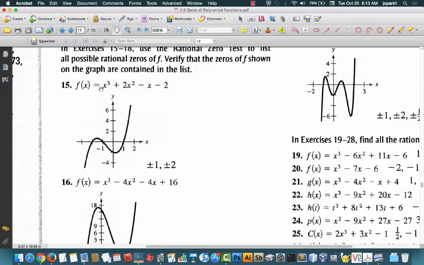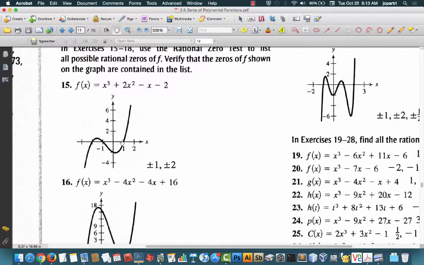The leading coefficient here is 1, and that means the list should be only the numbers that are divisors of the trailing coefficient. In that list is +1 and -1. Those divide nicely into -2, and so do 2 and -2. So I get 4 possibilities.